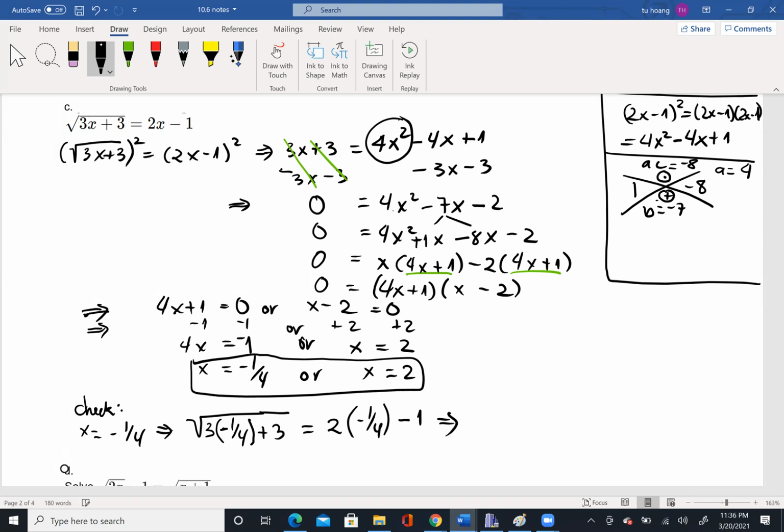Then simplify, and the left side is going to give you square root of 2.25, and the right hand side will give me -1.5.